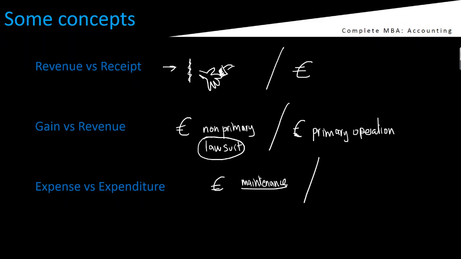Expenditure is a payment done to purchase a big new asset or to expand the primary operation. So it's a purchase to expand or to reduce the debt or to get new things. That is the difference between expense and expenditure.